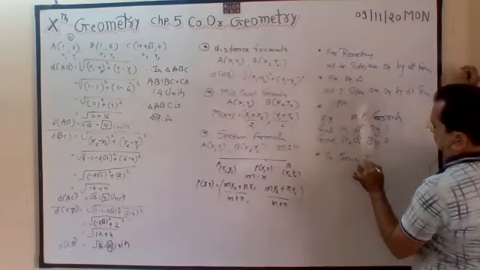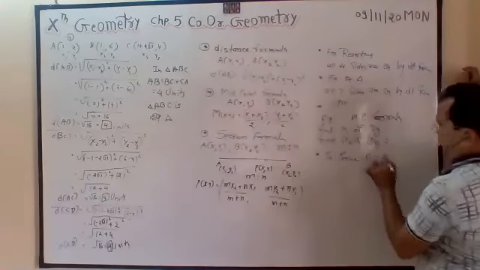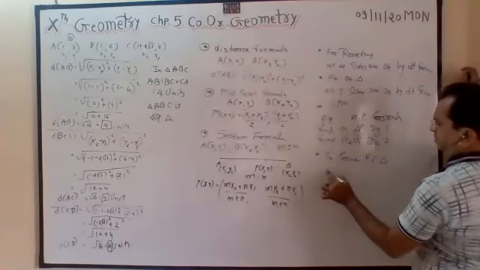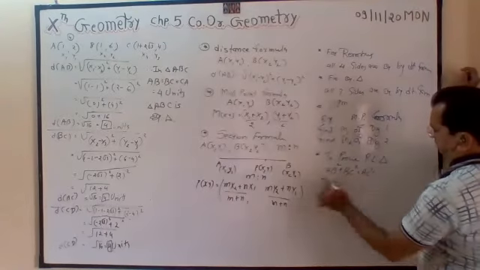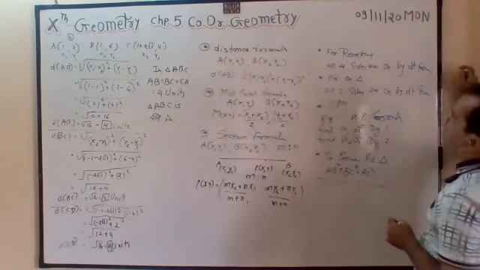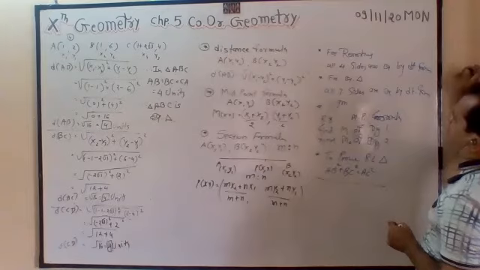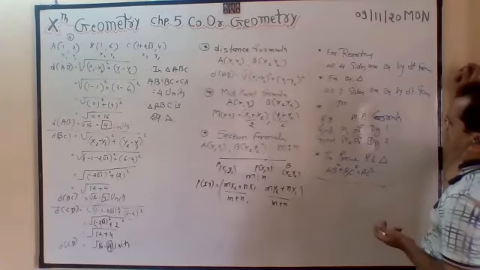To prove a right angle triangle, AB square plus BC square is equal to AC square. Rhombus, equilateral triangle, parallelogram.